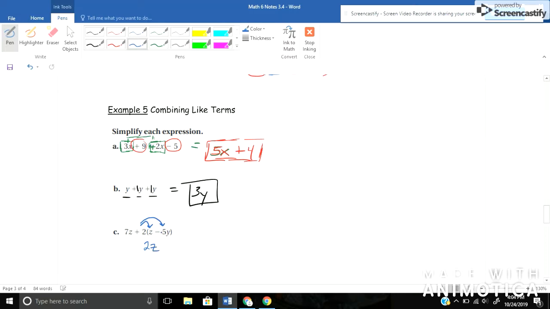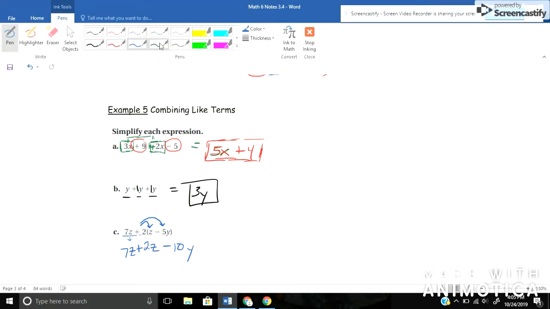And then I'm subtracting 2 times 5y, which would give me a total of 10y. Okay. I haven't done anything with this 7z plus, so I'll just bring this down in my problem. 7z plus 2z minus 10y.